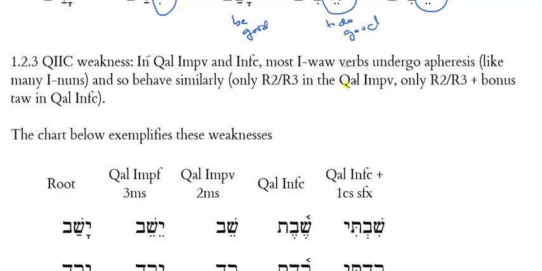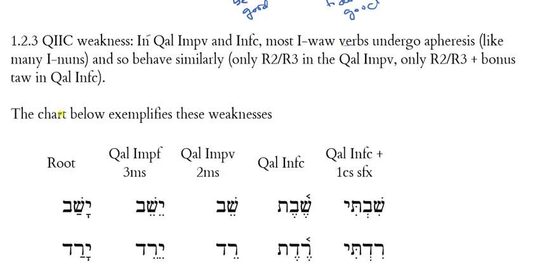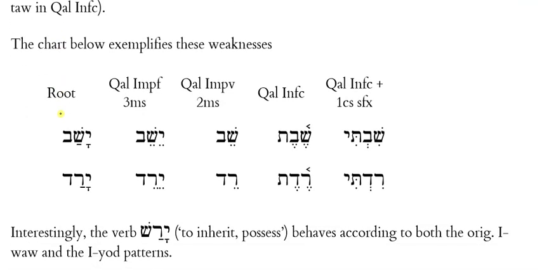What were the similarities? Well, in the Qal imperative, how many root letters do we see? Just 2, roots 2 and 3. Root 1 has fallen into Sheol, right? And for the infinitive construct, only root 2 and root 3 show up, but we get the bonus tav after root 3. And so I have a chart here that exemplifies these weaknesses.